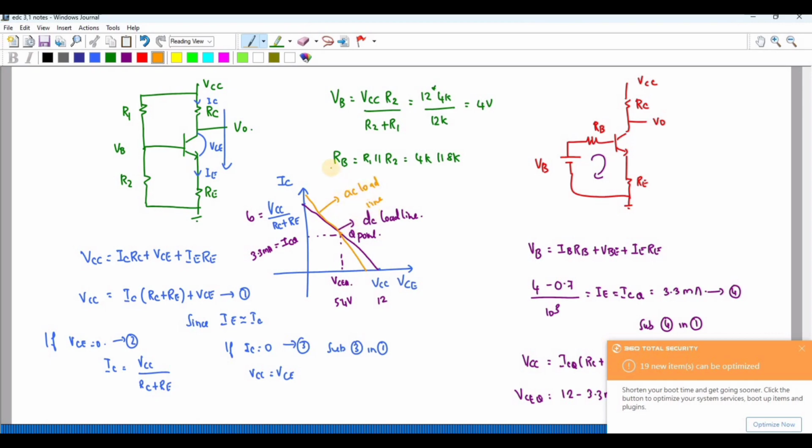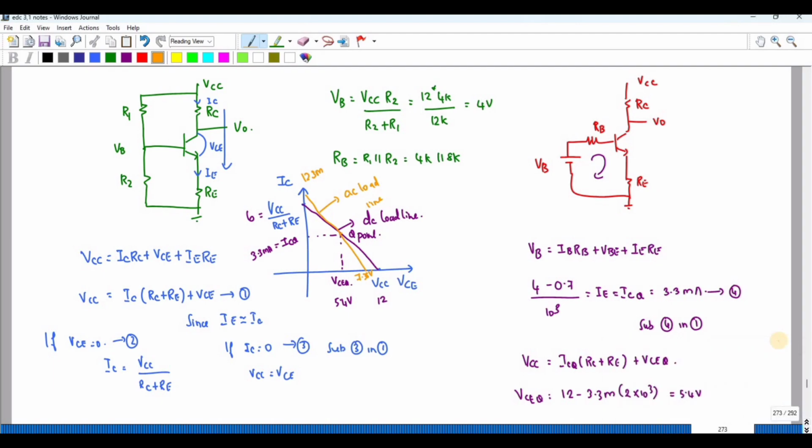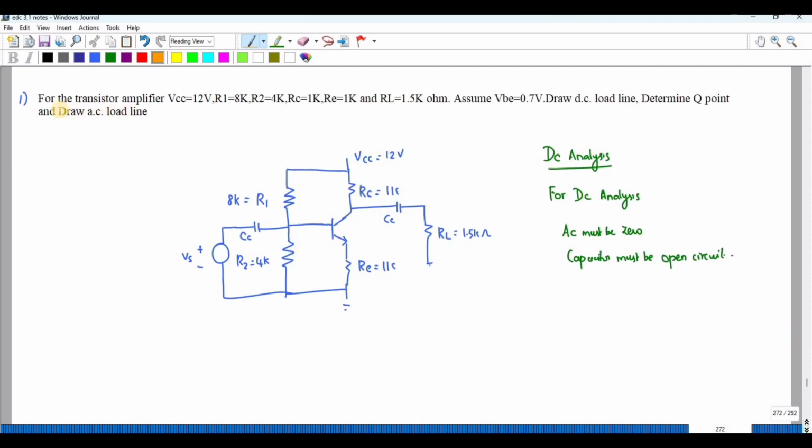And the value of ICQ is 12.3 milliamps and this one is 7.38 volt. So this is how you have to draw it.